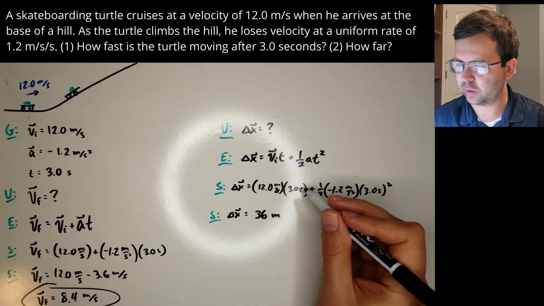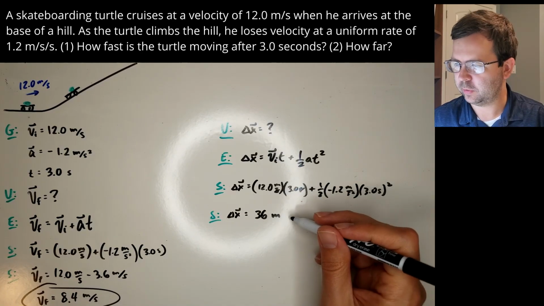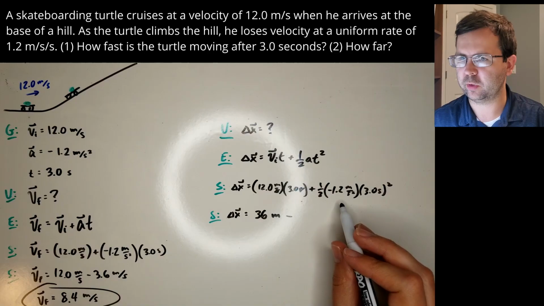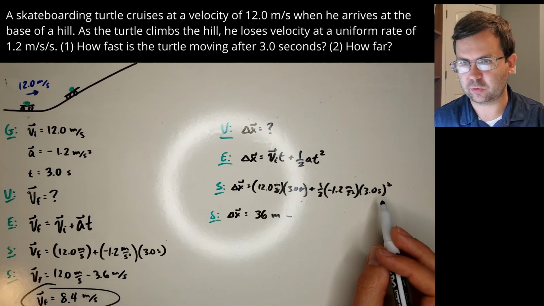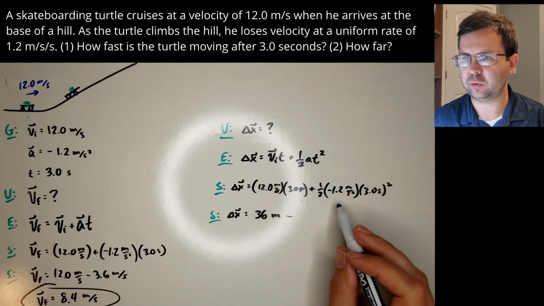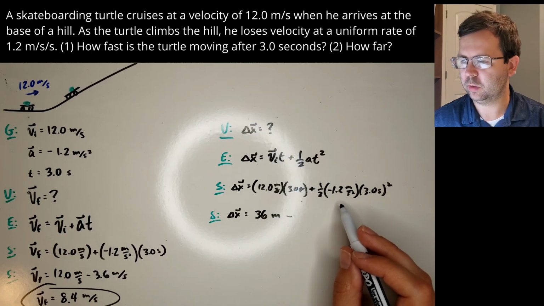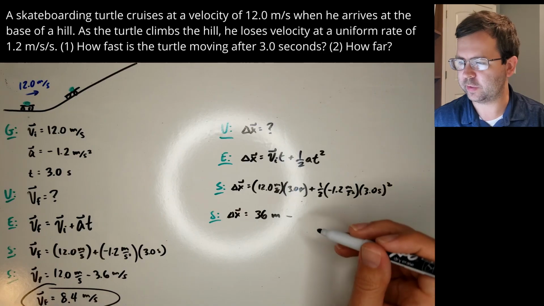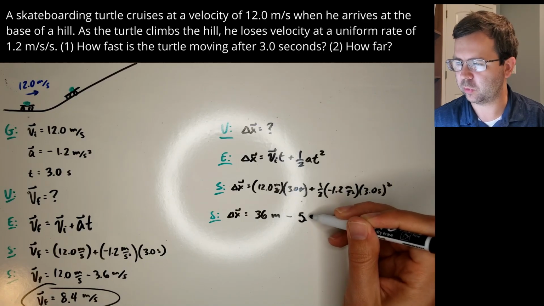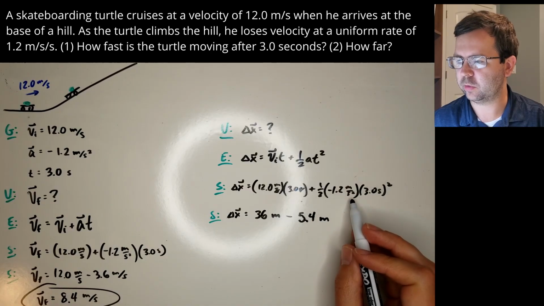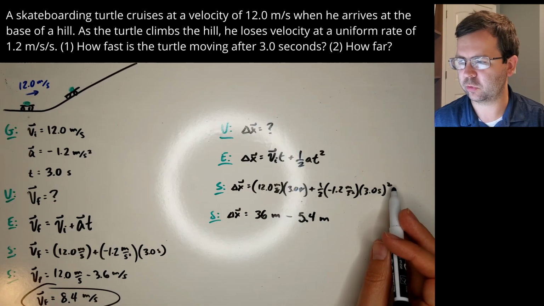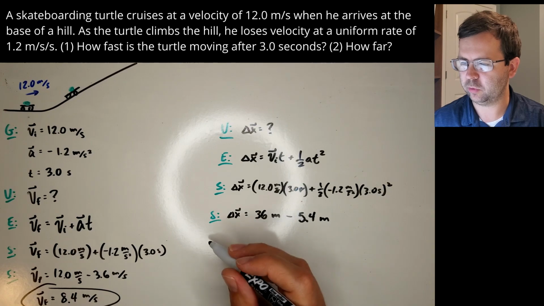The seconds cancel out. And then the second term is going to be a negative number because of this negative sign. I do 3 squared, which is 9 seconds squared, times negative 1.2 times 1/2. All of that together gives us 5.4 meters. The seconds squared cancel, so we're just left with meters.